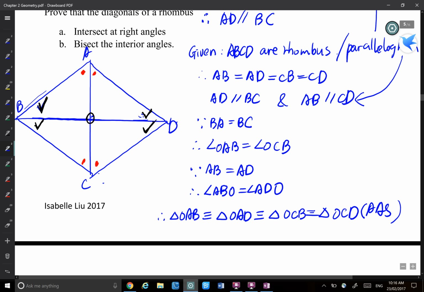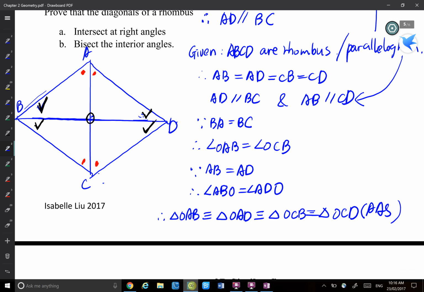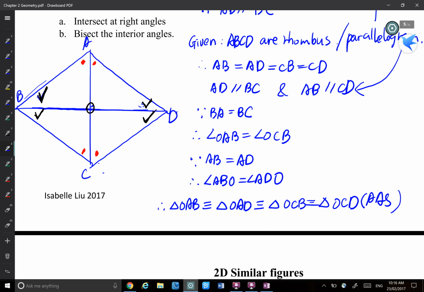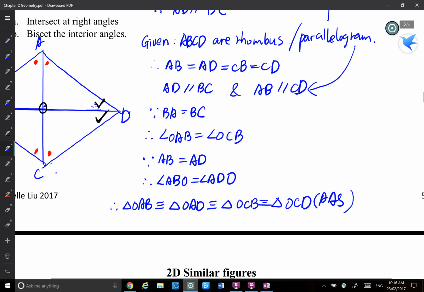You have two angles and a side. You have proved that the four triangles are congruent.